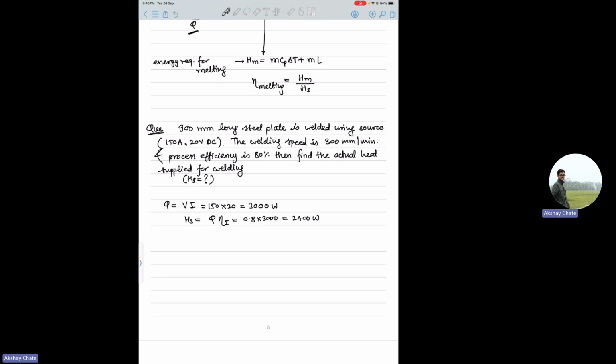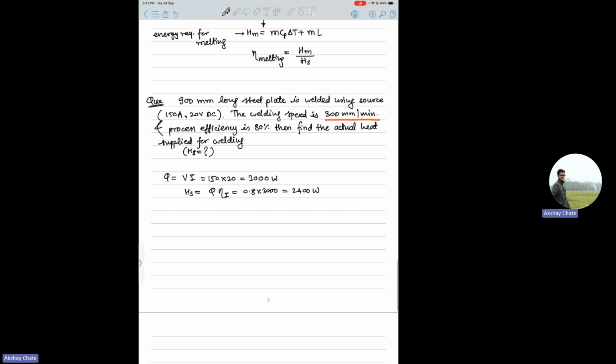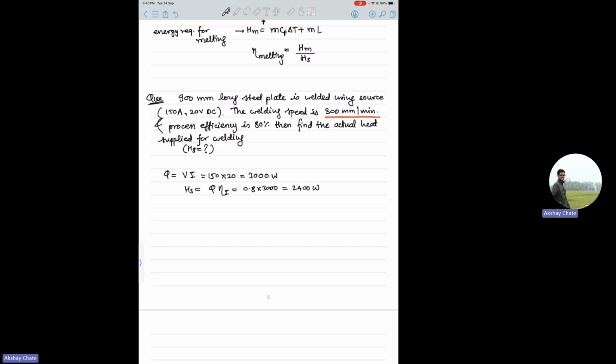But usually they will not give that because of this new thing, which is welding speed, etc. So here you have to be slightly careful because the options will mention something like find in joule per mm. In that case, you cannot give this as the answer because this is joule per second, right?